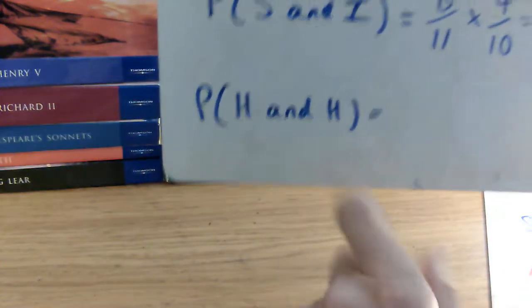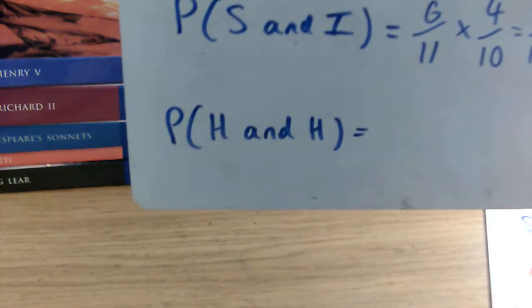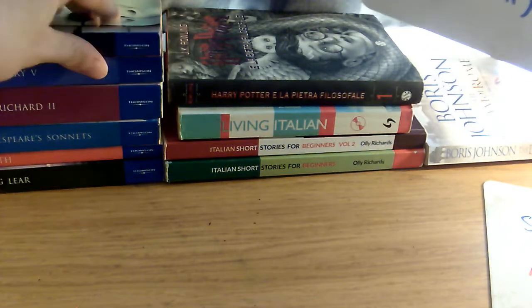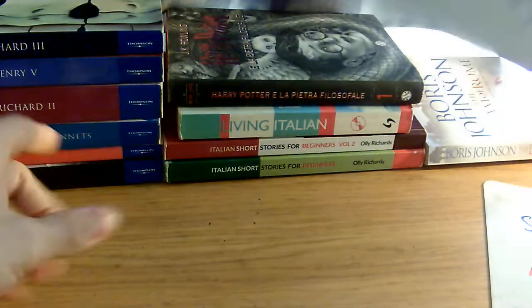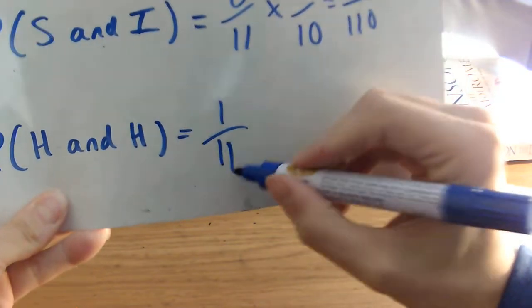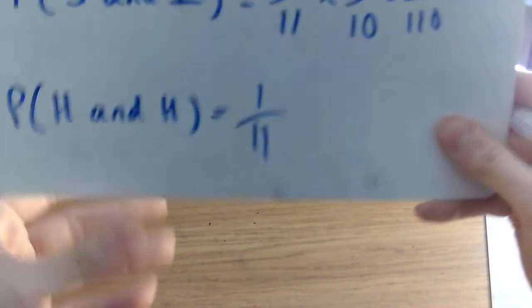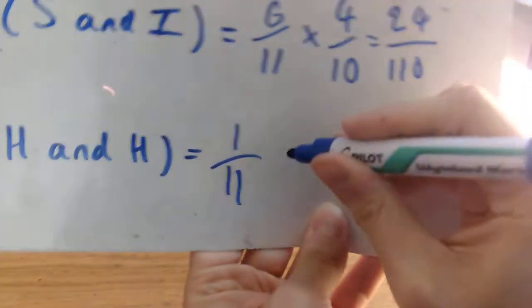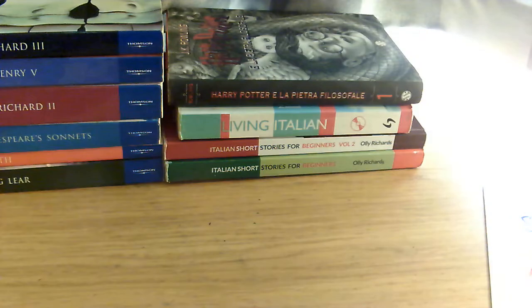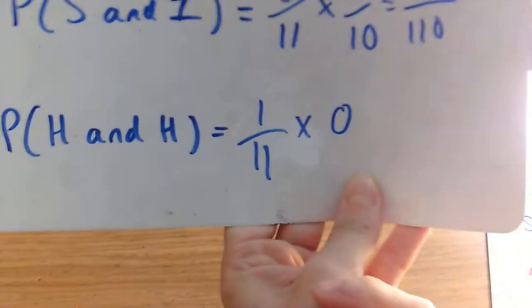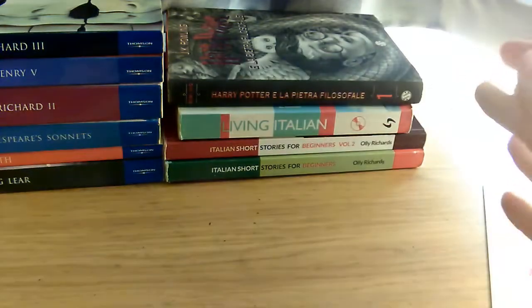Look at the last one here. Probability of me choosing a history book and a history book. Let's put the Shakespeare one back in the pile so it's the same as before. Well, you can see the chance of choosing a history book is 1 out of 11. But again, if I make that choice, take that away and read that, when I come back the next day for my second choice, I've got a 0 chance of choosing history because there's now none there.